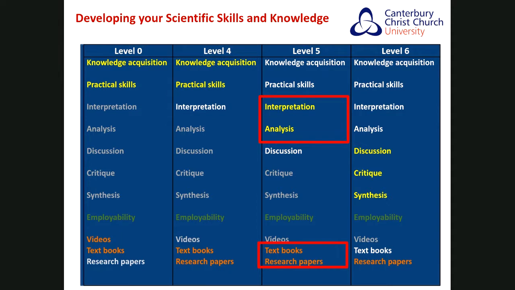As you can see, during the foundation and the first year of study, the main focus of the skills you're developing is acquiring practical skills, which are fundamental in a science degree, and knowledge acquisition. You are learning the building blocks of science on which you're going to build the rest of your science knowledge.